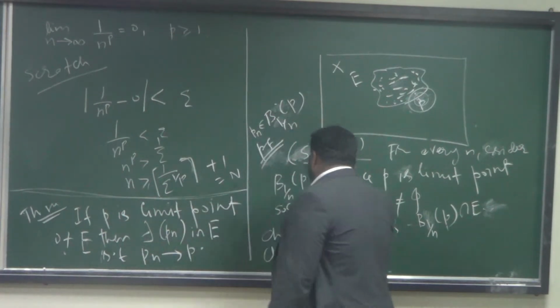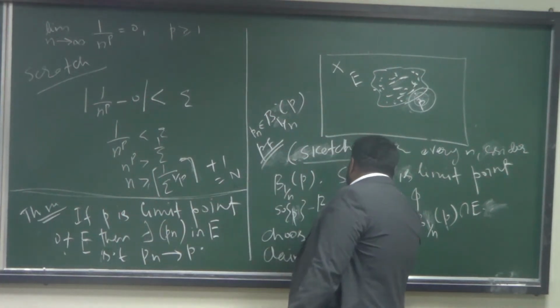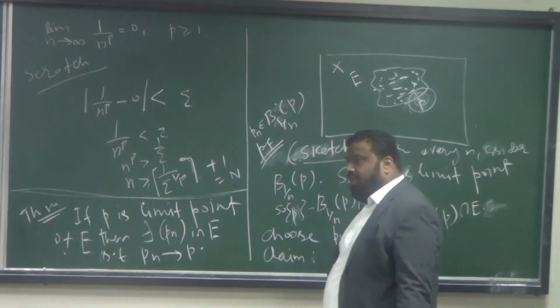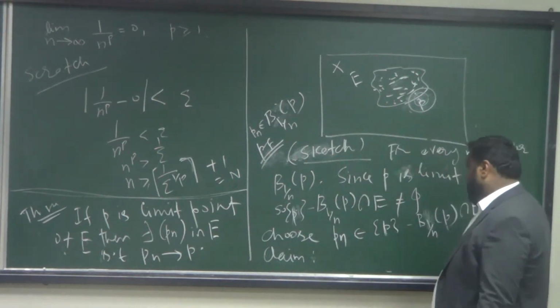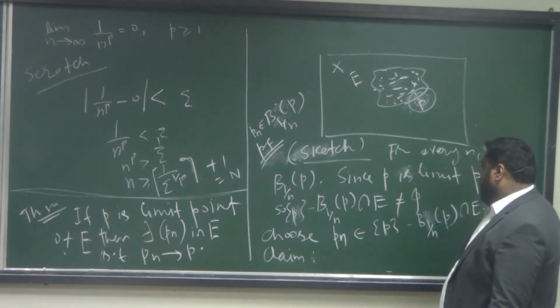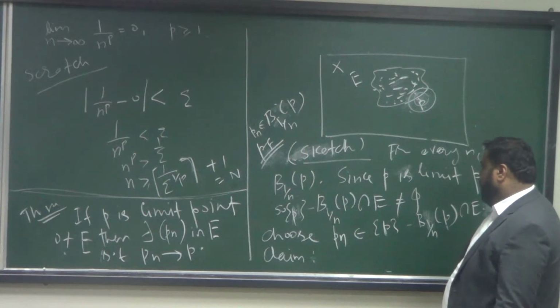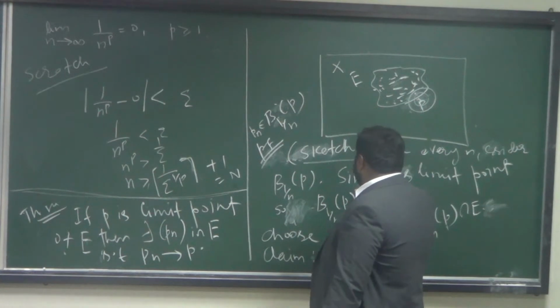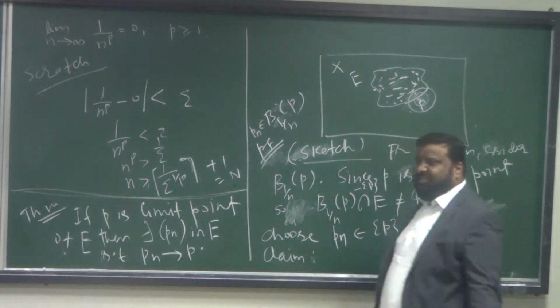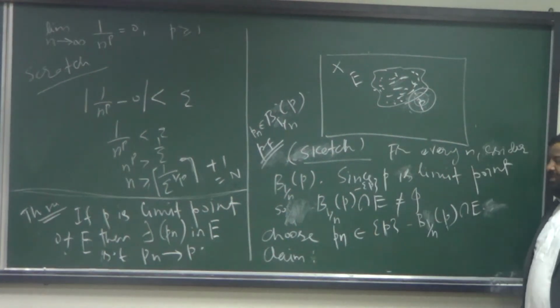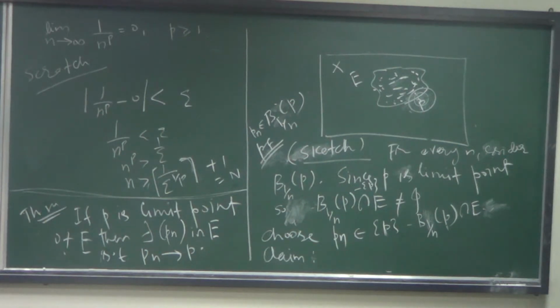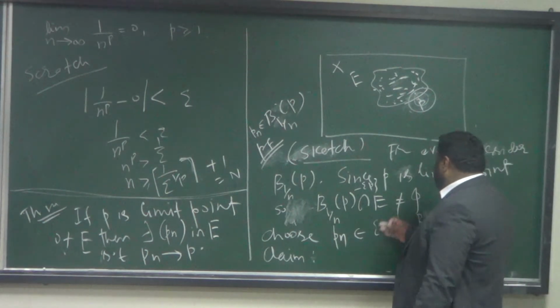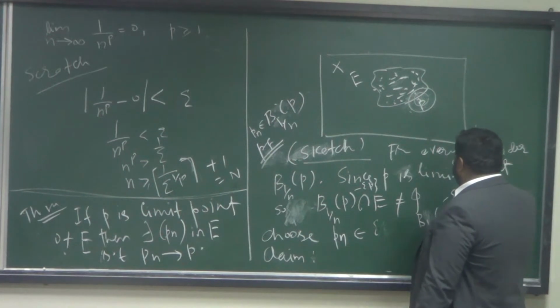Okay. So my claim is this, that we are excluding P from the ball. No, okay, forget about that. It's just a matter of writing. I hope that you are at least that much clever to make sense of it.